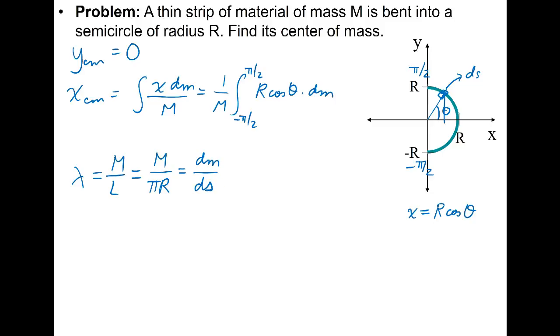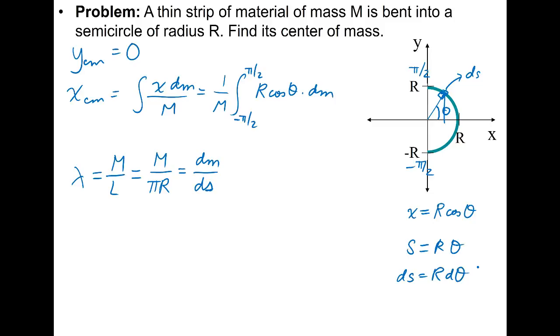Now, the other way that we can talk about this is that s is actually equal to r theta. This is something we'll talk about a little bit later, but you might remember this from geometry. And so that means that ds is equal to r d theta.